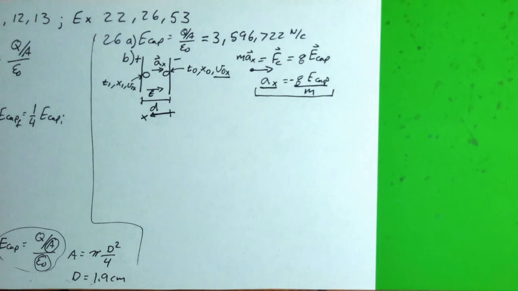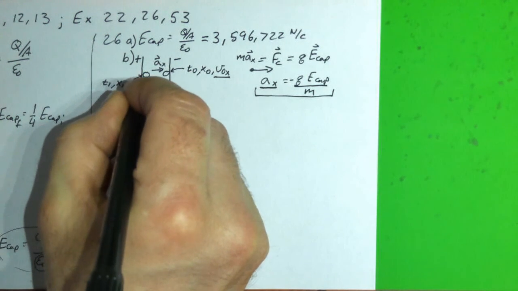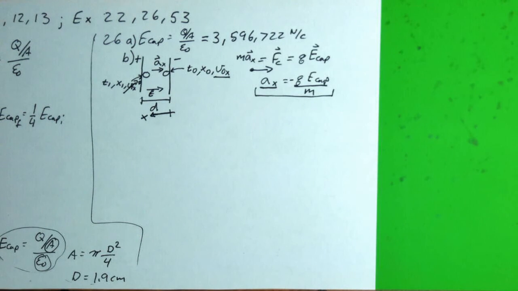The big thing that's important that I do want to point out is this is 0. Why is that 0? The final speed is 0 because the problem says it barely reaches the positive disk. Barely is a code word for stopped. It didn't quite get there. It stopped.